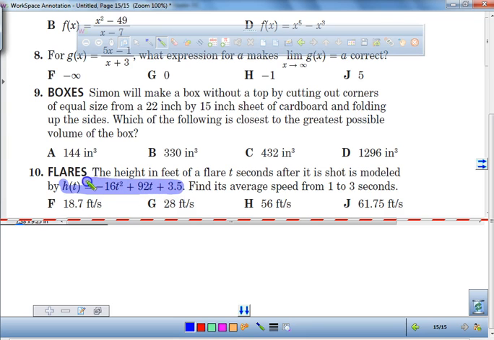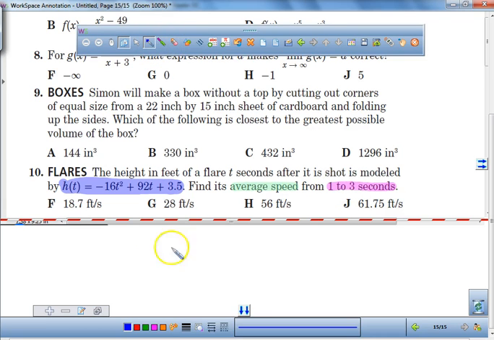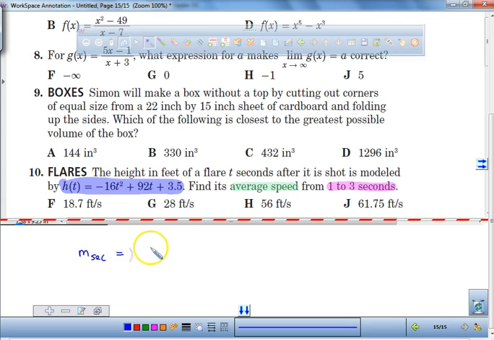You probably want to write down the equation. You probably want to write down that we're talking about average speed, and we're dealing with from 1 to 3 seconds. Basically, we're finding the slope of what's called the secant line, and you're going to do f of x2 minus f of x1 all over x2 minus x1.